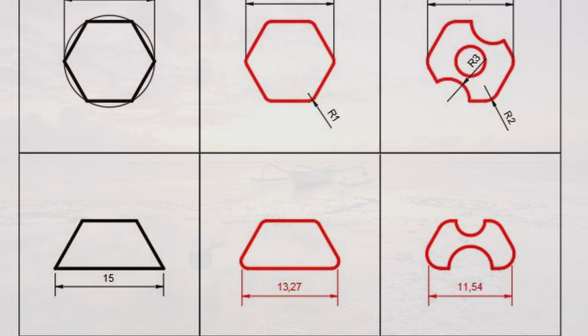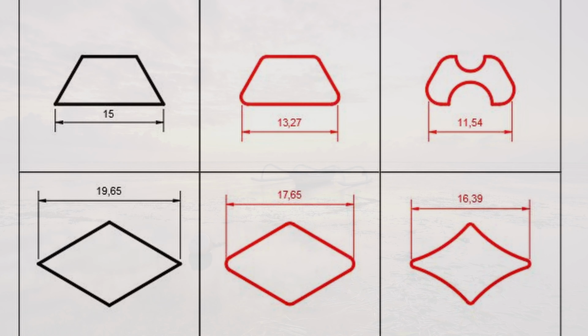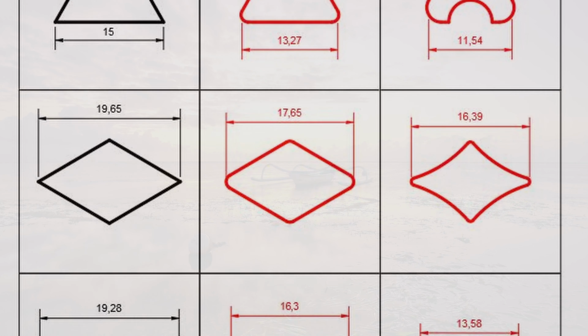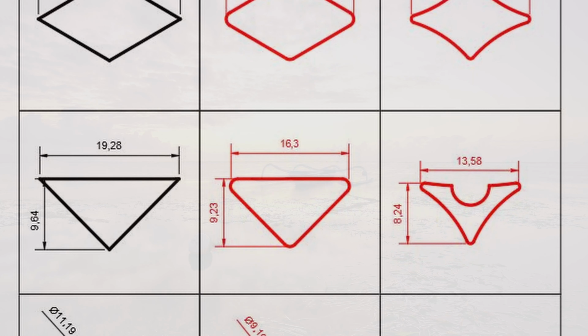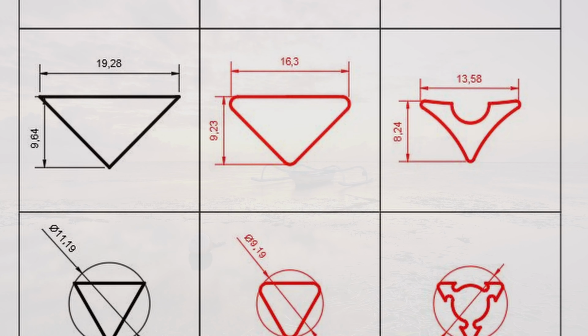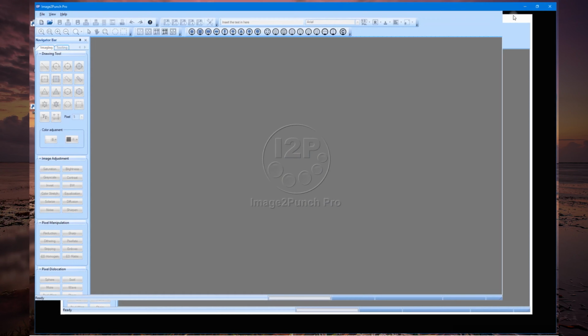The important reason why we always need to use and calculate the inscribed diameter from the ideal shape is because the diameter from the ideal shape will always be larger than the inscribed diameter from the non-ideal shape that is derived from it. Now, let's go back to Image2Punch.